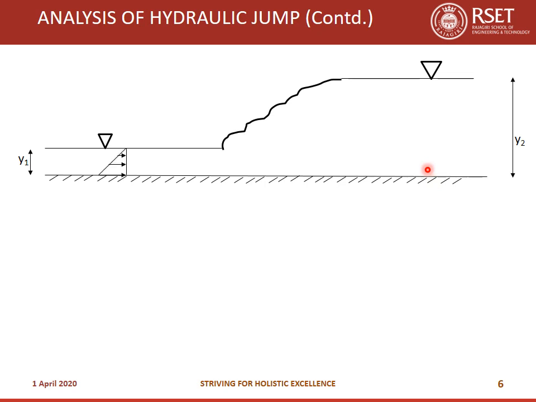This is the pressure distribution upstream and this is the pressure distribution downstream. This is the net pressure force acting upstream and this is the net pressure force acting downstream of the flow. The velocity of flow upstream will be taken as V1 and the velocity of flow downstream will be taken as V2.